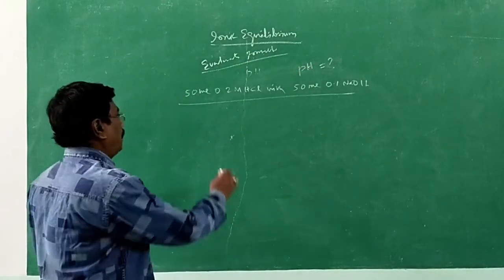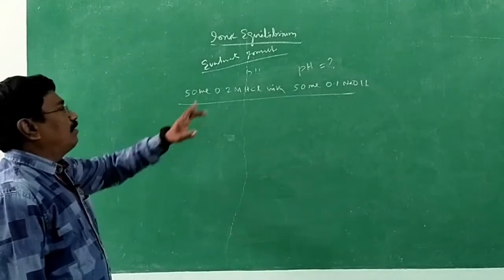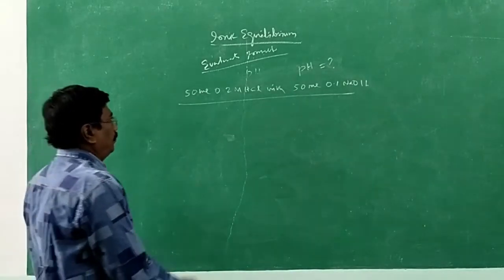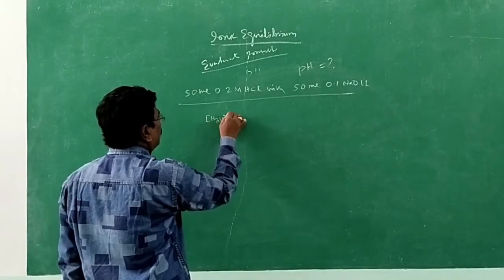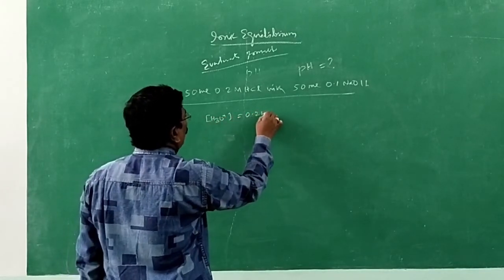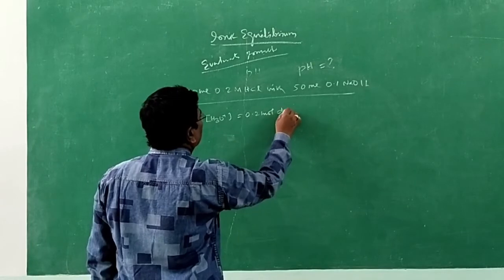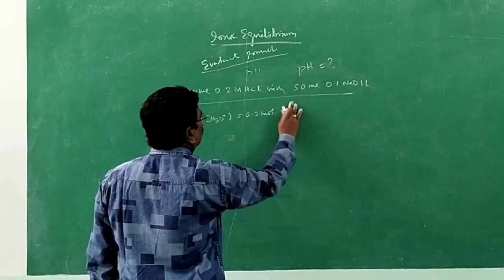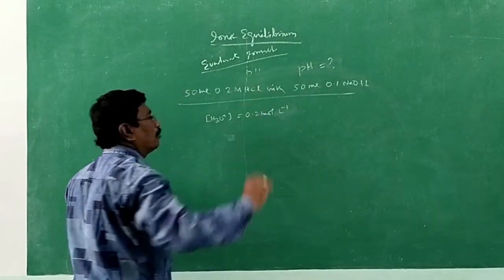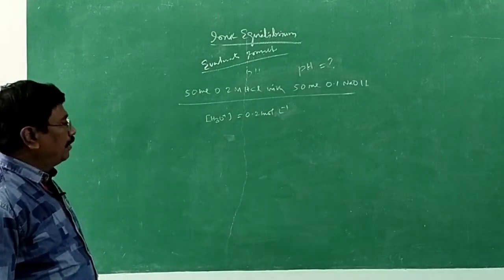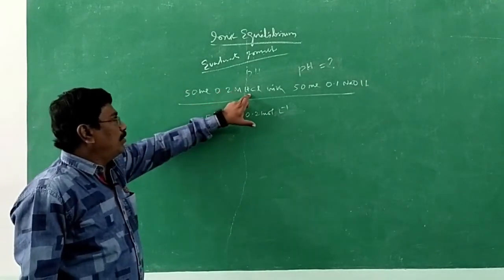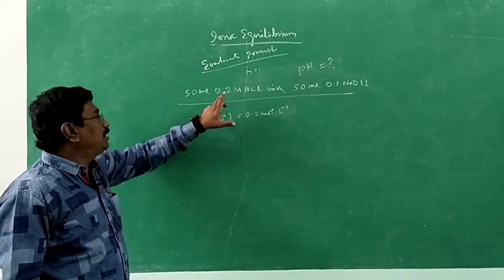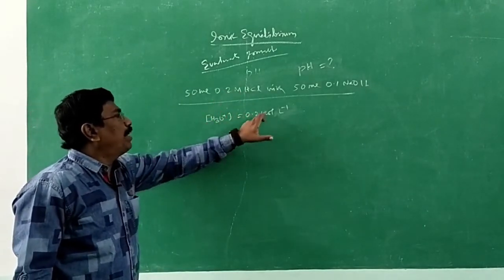How? Let us see. You know molarity. What is molarity? Mole per liter. Concentration of hydrogen ion. How much? It is 0.2 mole per decimeter cube or liter, whatever it may be. Mole per decimeter cube or liter, both are same. Now we have taken only 50 ml. Hydrochloric acid, 0.2 molar means it should have 0.2 mole per liter.